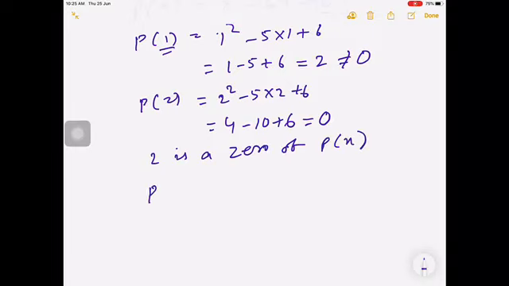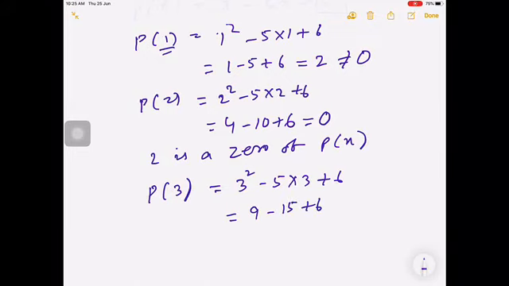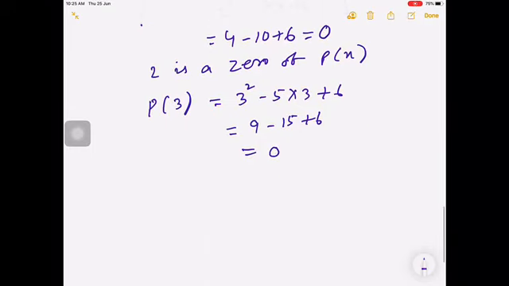Now let us take another trial, 3. You see 3 square minus 5 into 3 plus 6, that is equal to 9 minus 15 plus 6, and you see this is also 0. So 3 is a 0 of p(x).